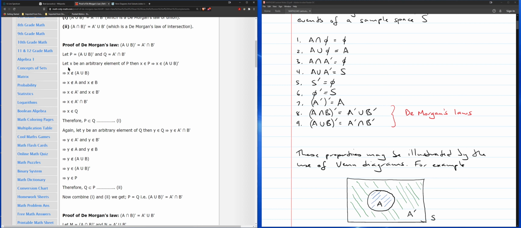Okay, so how you show that your left hand side is a subset of the right hand side is you pick an arbitrary element on your left hand side. So an arbitrary element on your left hand side is an element of A union B complement.